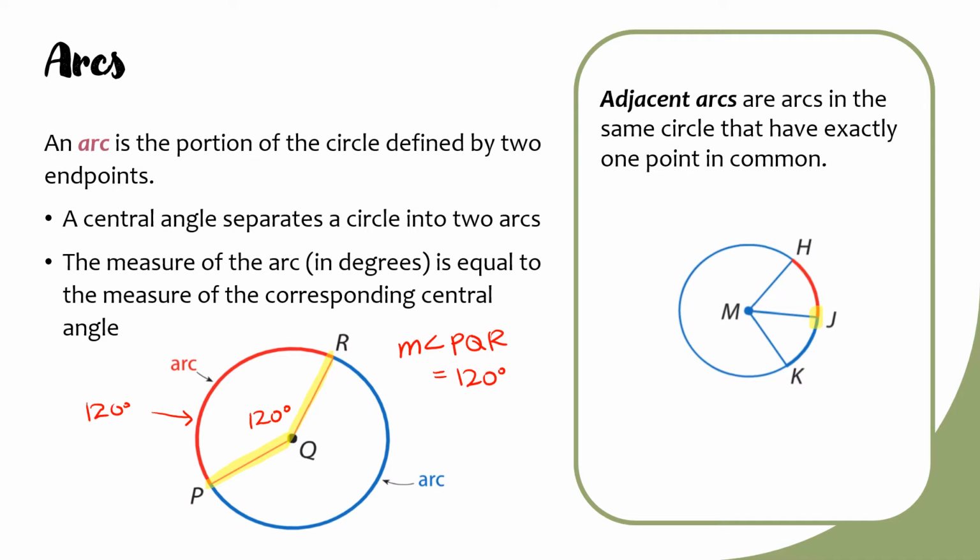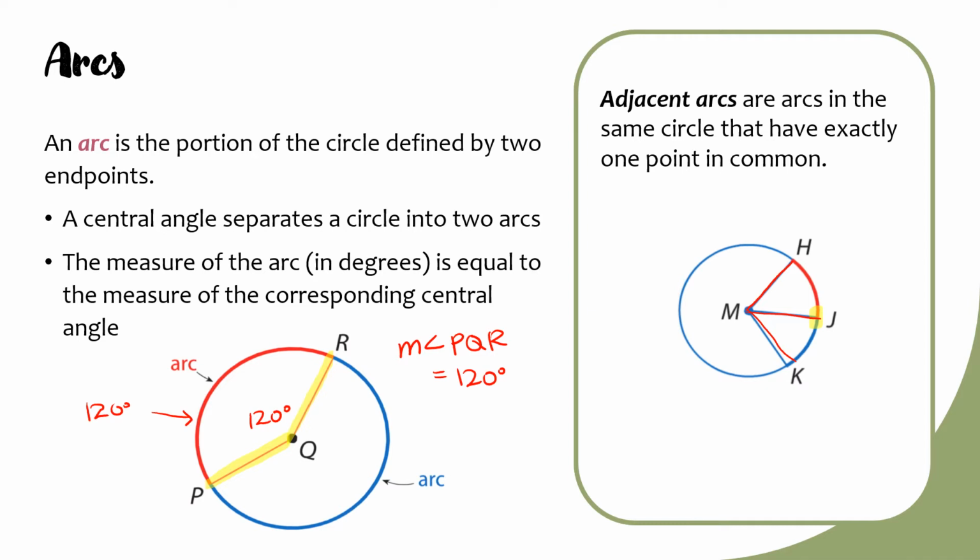They're at J, so they would be considered adjacent arcs. We might also expand this idea a little and see that the central angles that they correspond to, HMJ and JMK, are also adjacent angles, so their corresponding arcs would also be adjacent.